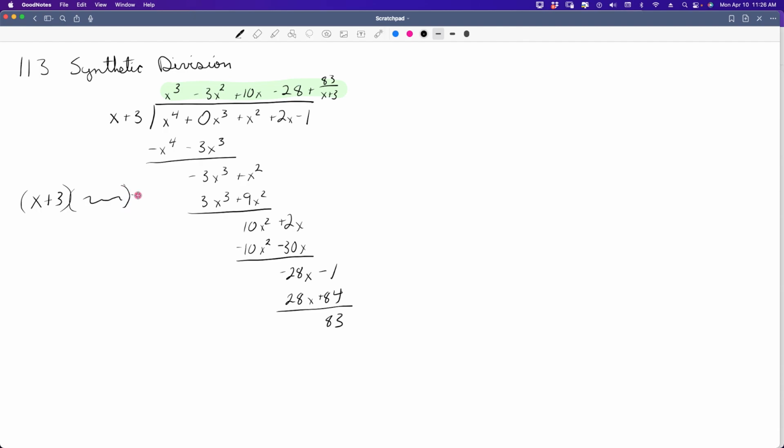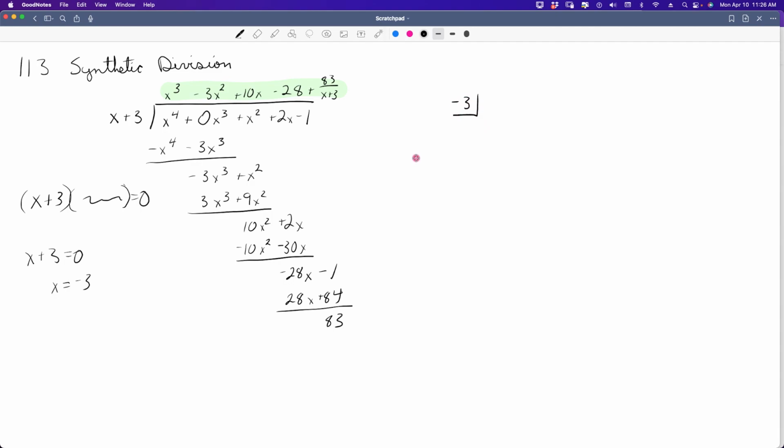Well, this could possibly be equal to 0. So we say x plus 3 is equal to 0, and then we subtract 3 from both sides. We find that x is equal to negative 3. This is called the zero or the root. So we're going to take the zero or the root of our divisor, which would be negative 3.